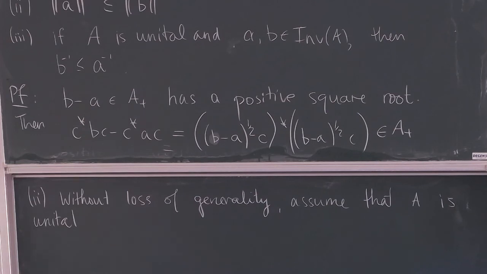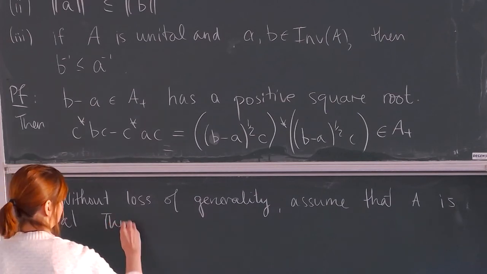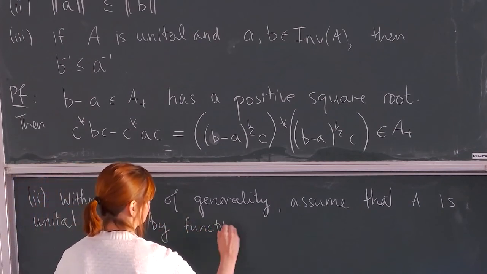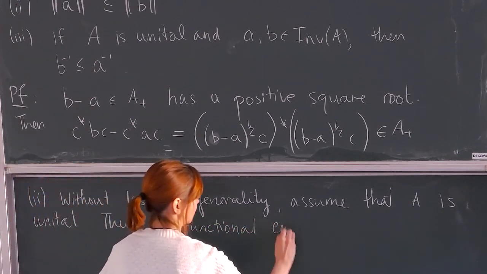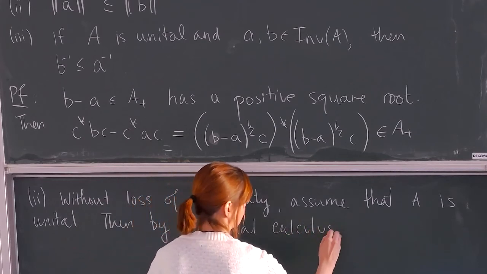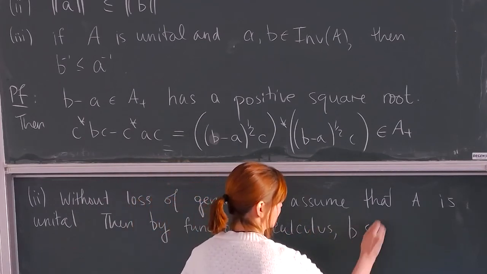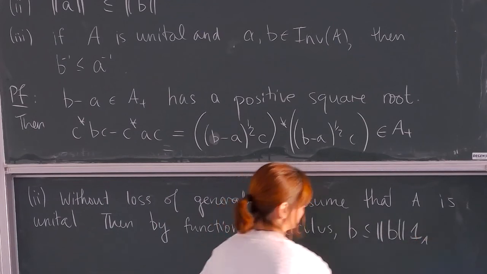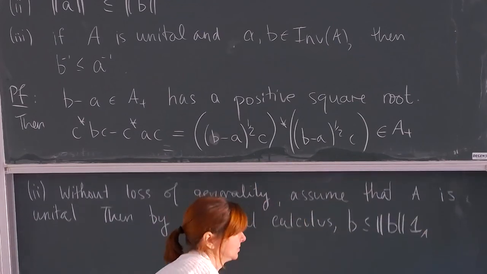Okay, then by functional calculus, we get that B is less than the norm of B times 1.